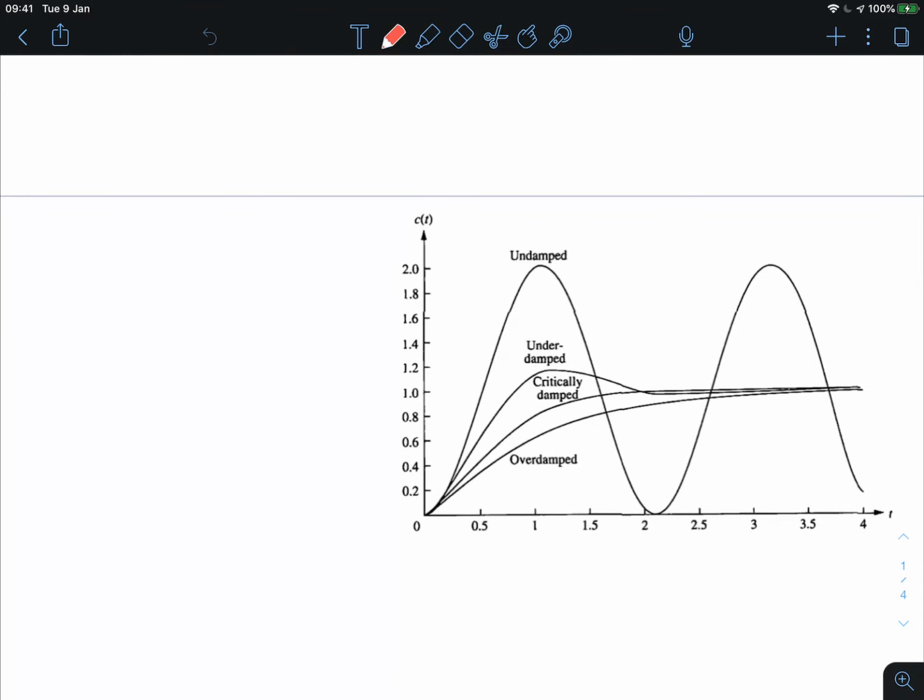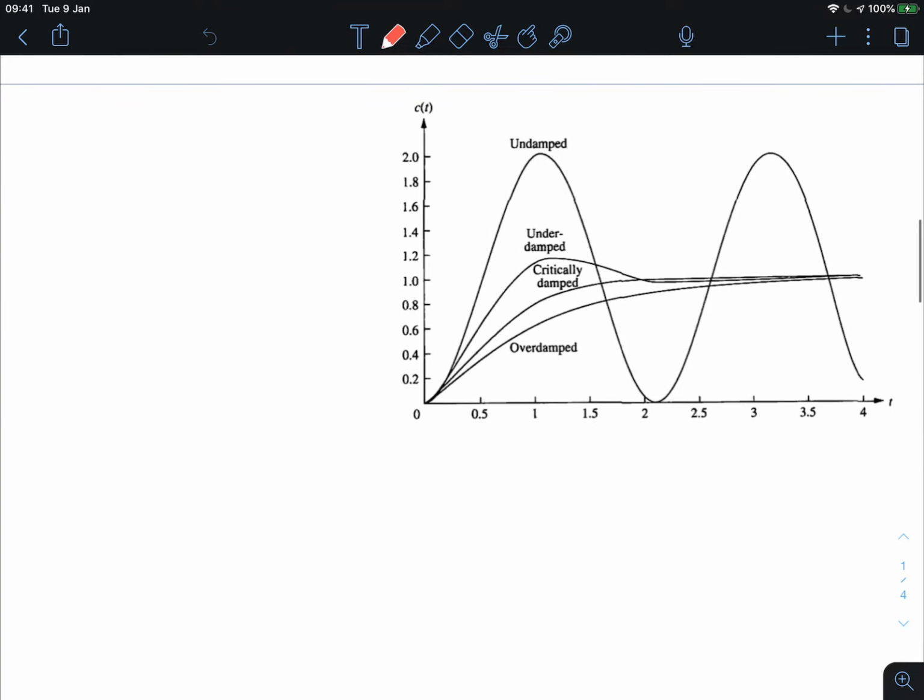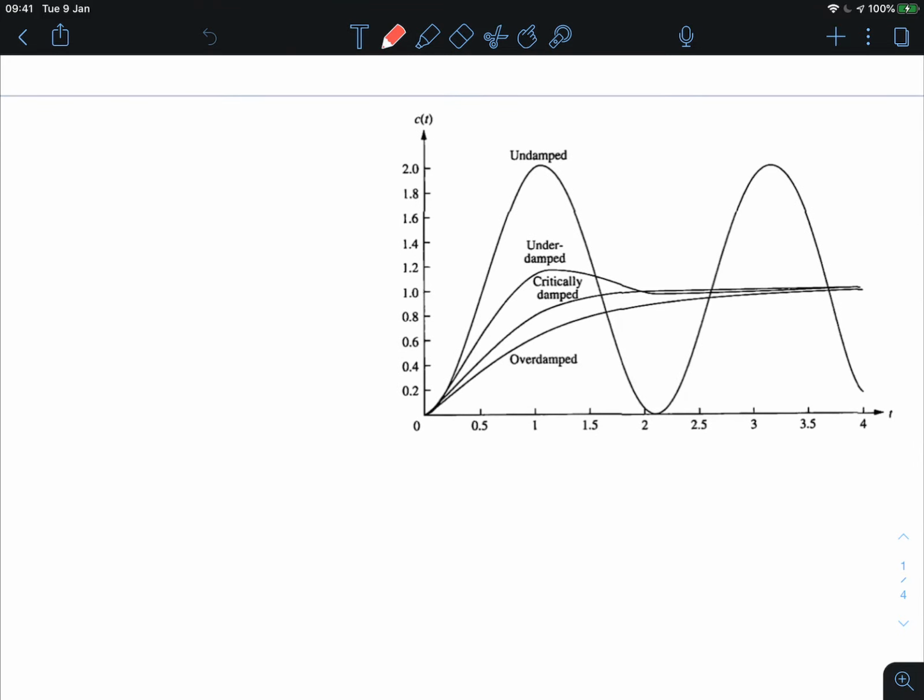These are the different responses we had seen. One is the overdamped response, the critically damped response, the underdamped, and the undamped. The undamped response is almost like an oscillator.